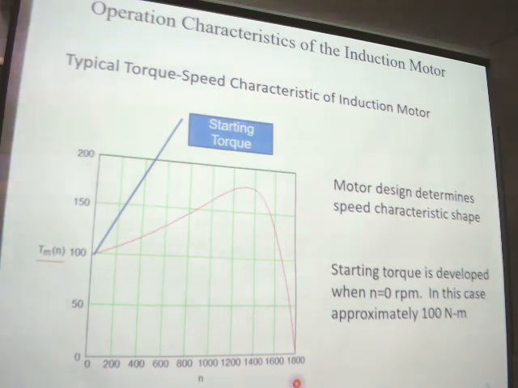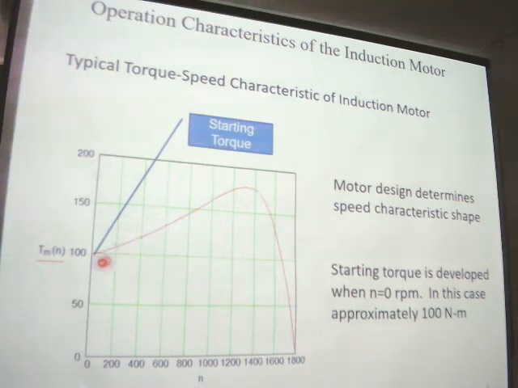For this one, 1,800 rpm, maybe 4 poles, and the frequency is 60 hertz. We should say three items.